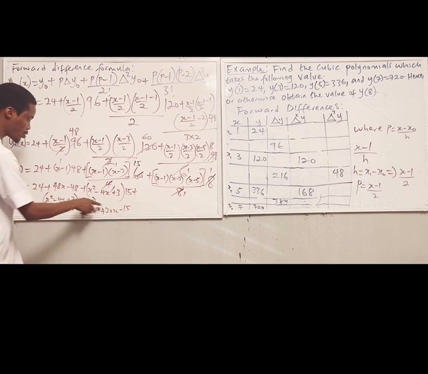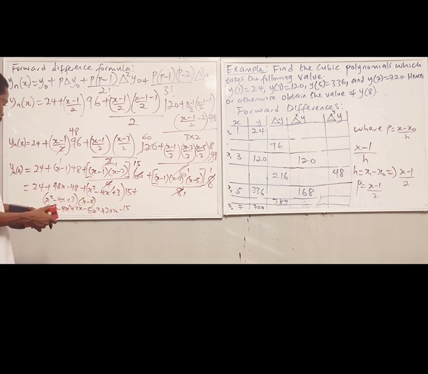Minus times plus is minus. 5 times 3 is 15. So it means s cubed minus 4s squared plus 3s plus 20s minus 5s squared minus 15.